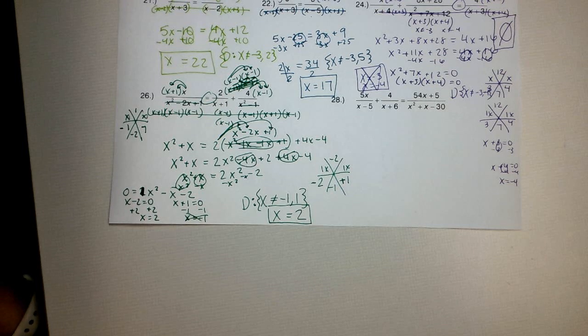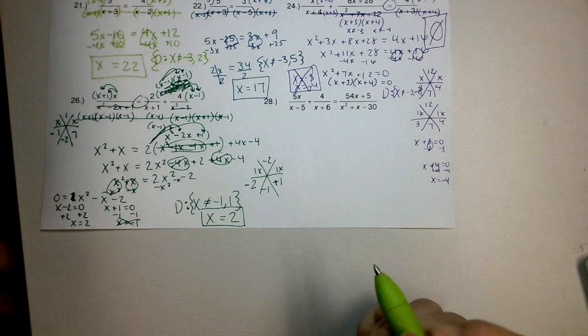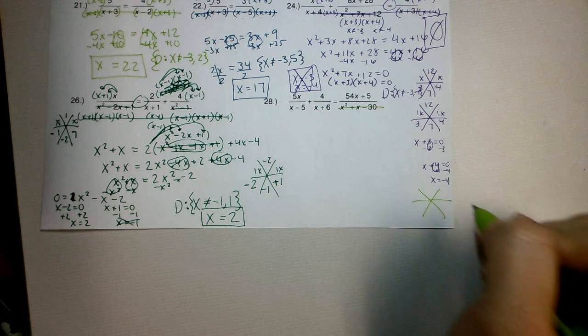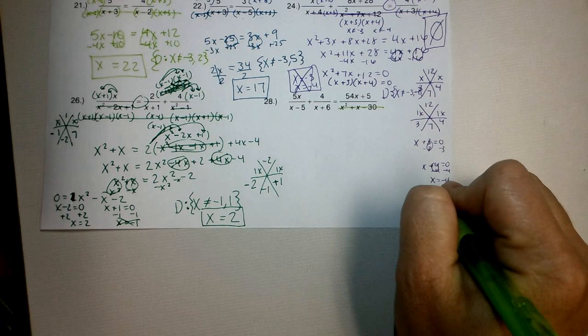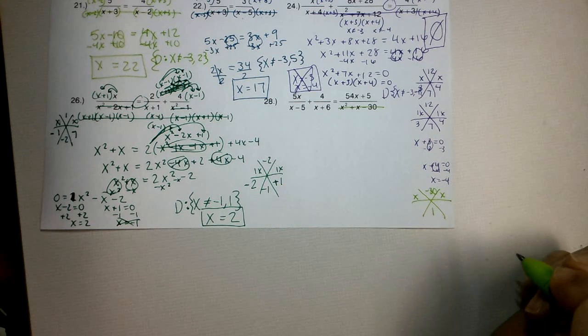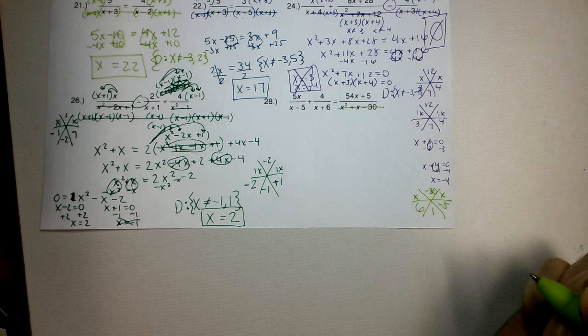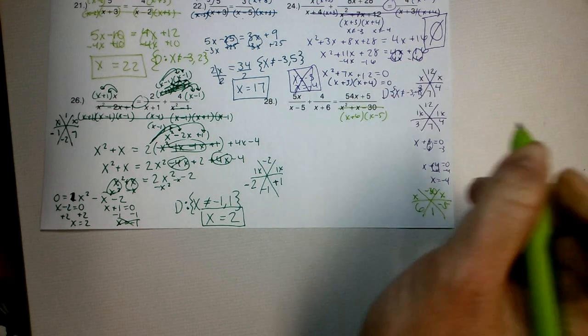Okay, last one for me. When I factor this, I'm going to come down here. I'm running out of space. I get x and x, negative 30 and 1. So that's going to be 6 and negative 5. So the nice thing is those are those.